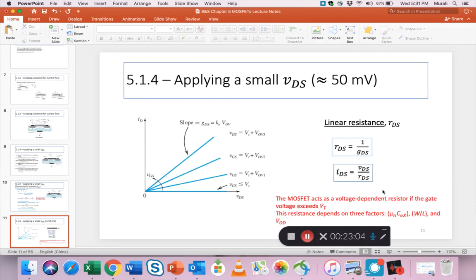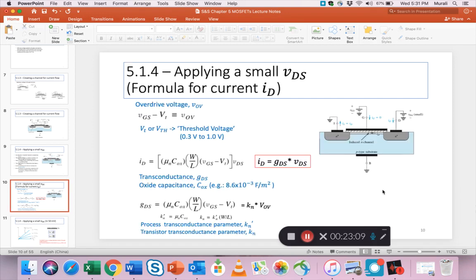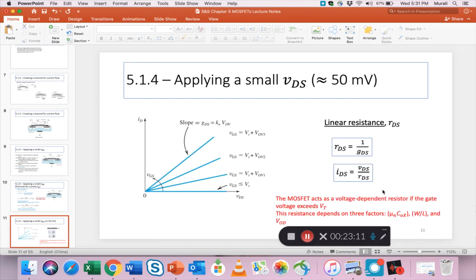I'm moving on to slide 11. So far, we are still continuing with applying a small voltage, so a small VDS of roughly 50 millivolts or lower. What these graphs show you is that for different values of VGS, you have different slopes, and that slope is this transconductance.